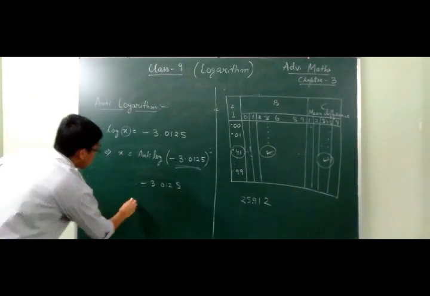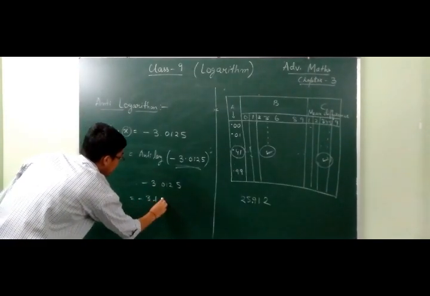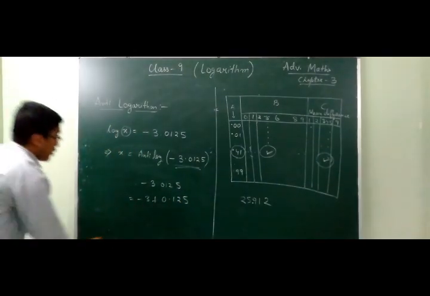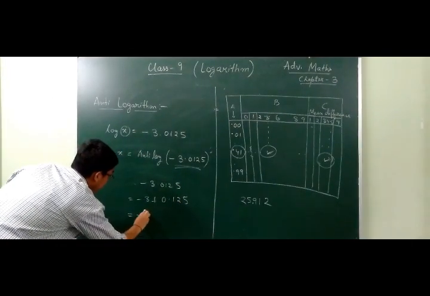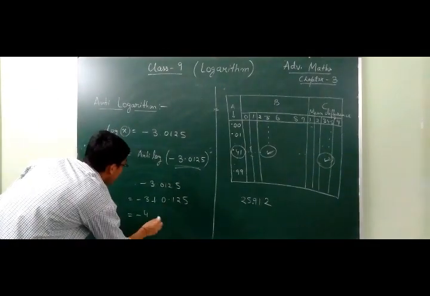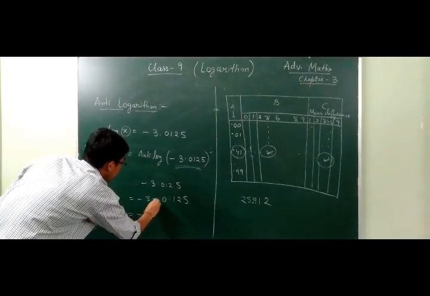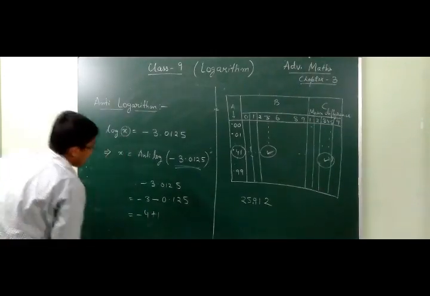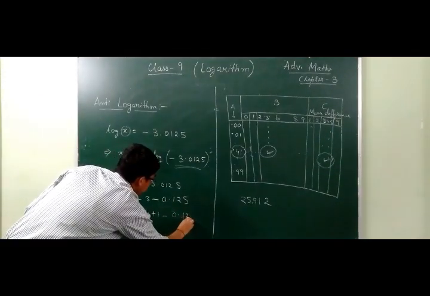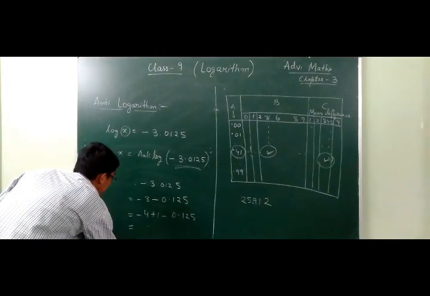This one can be written as minus 3 plus 0.125. So this I can write as minus 4 plus 1, because minus 4 plus 1 will be minus 3. So this is minus 4 plus 0.125.